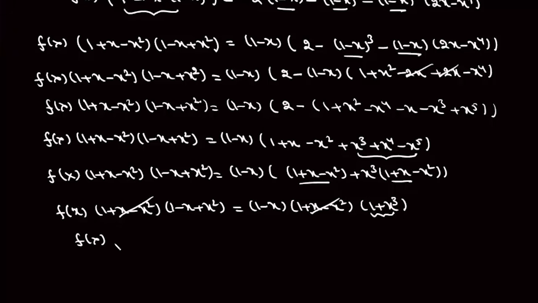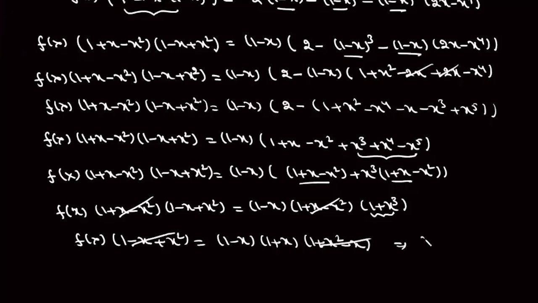So we can write f(x) into (1 - x + x²) will be equal to (1 - x), and then it will be (1 + x)(1 + x² - x). Again it will cancel. So we'll get our function f(x) as 1 - x².